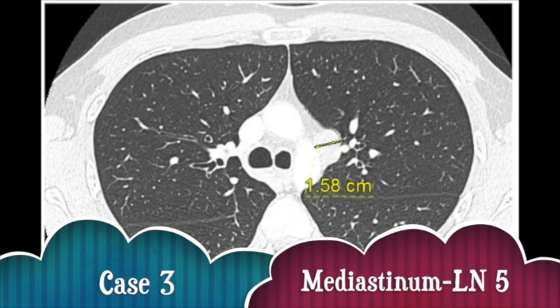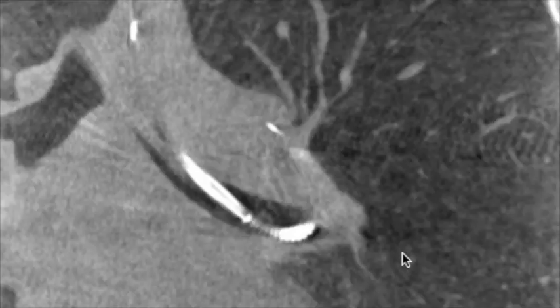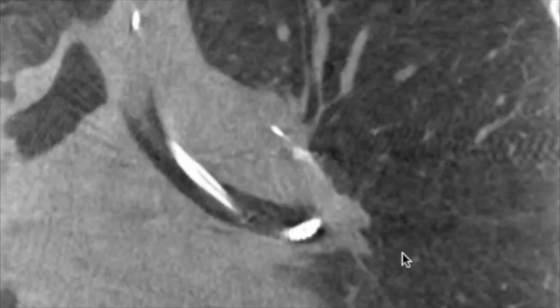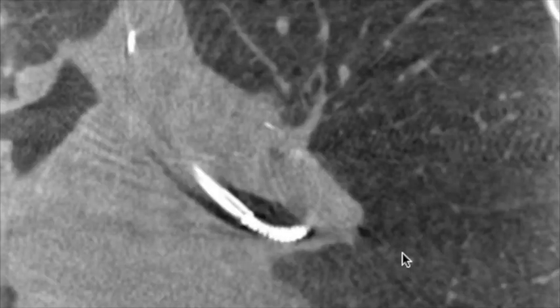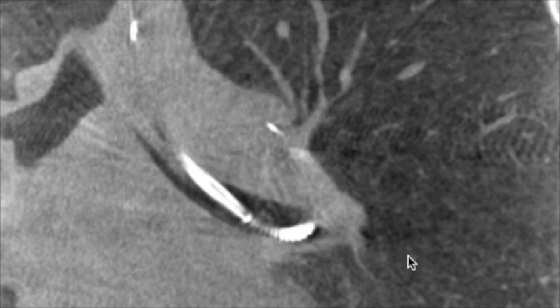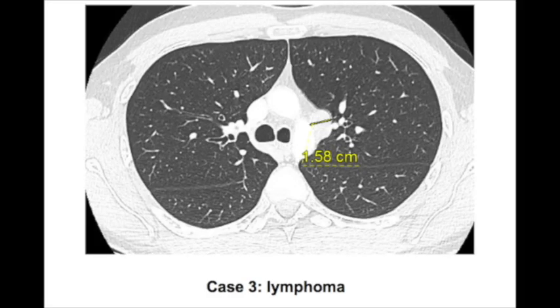The third example is a nodule at lymph node station 5. We were able to turn the bronchoscope more to the center, and we were able to get into the nodule or the lymph node. And this turned out to be lymphoma.